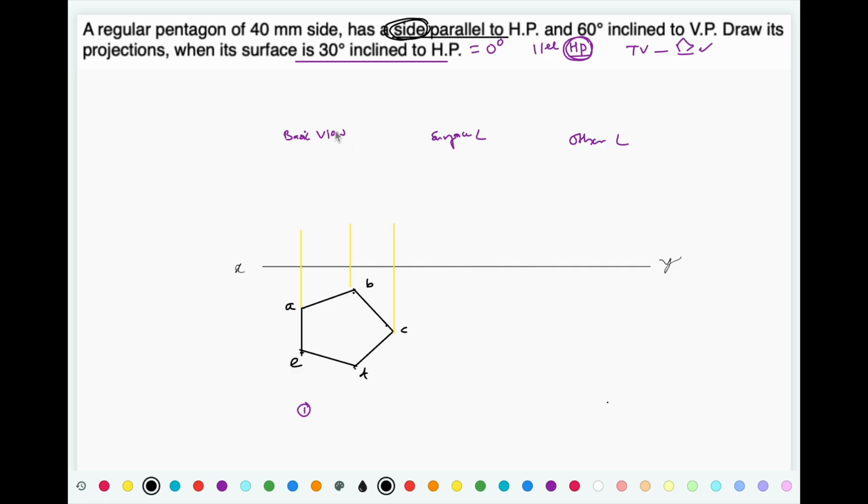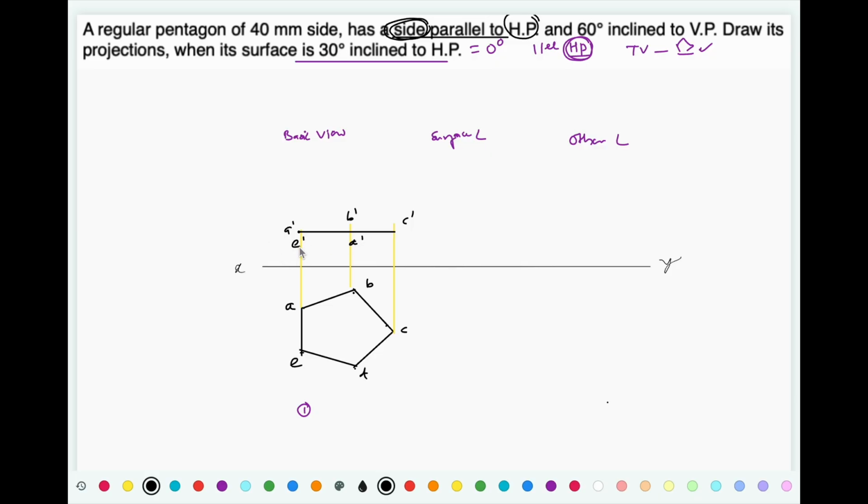Now the side is parallel to HP, but its distance from HP is not given. So you can take any approximate distance above XY line, and you can locate this front view A dash, B dash, C dash, D dash and E dash.